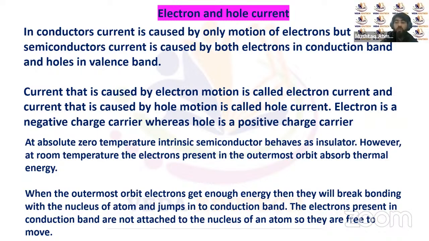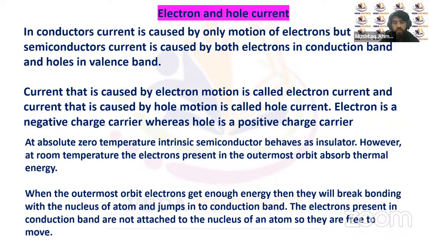At absolute zero, we know there is no thermal agitation in case of semiconductors. So at absolute zero, the conduction of current in intrinsic semiconductors is zero, or it behaves like a perfect insulator.